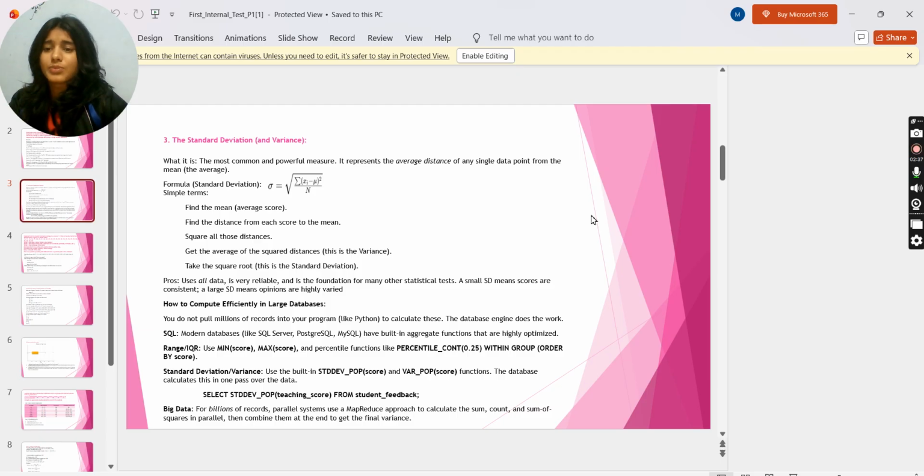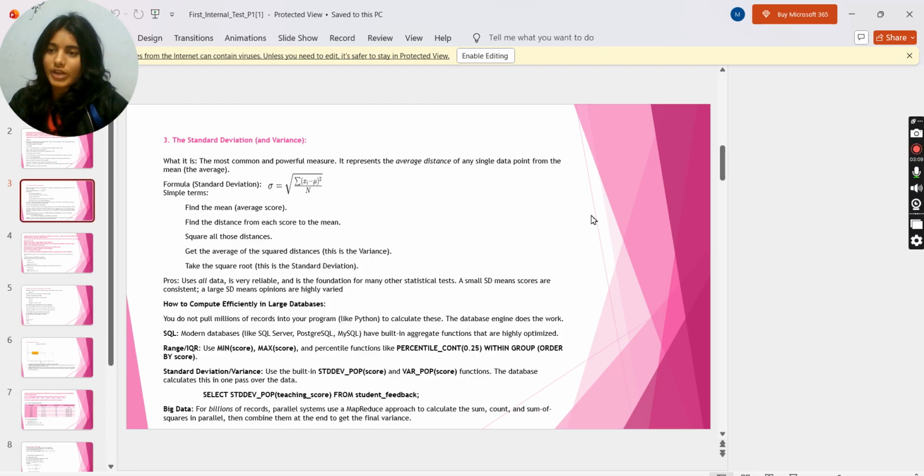In simple terms: find the mean average score, find the distance from each score to the mean, square all those distances, get the average of the squared distances, this is variance, and take the square root, this is the standard deviation. Pros: uses all the data, is very reliable and is the foundation of many other statistical tests. A small SD means scores are consistent, a large SD means opinions are highly varied.